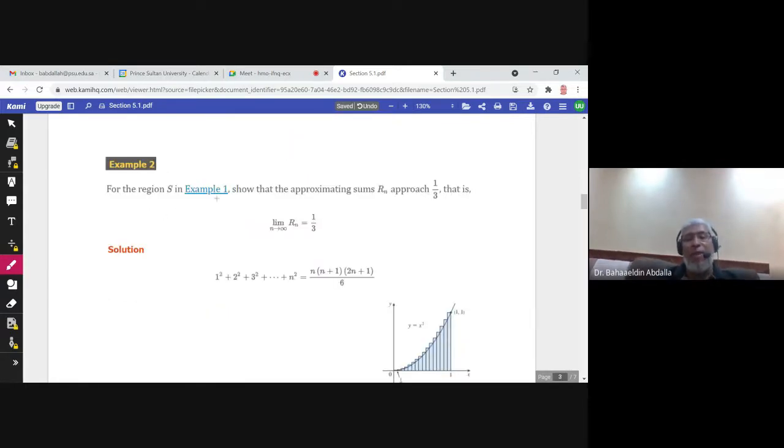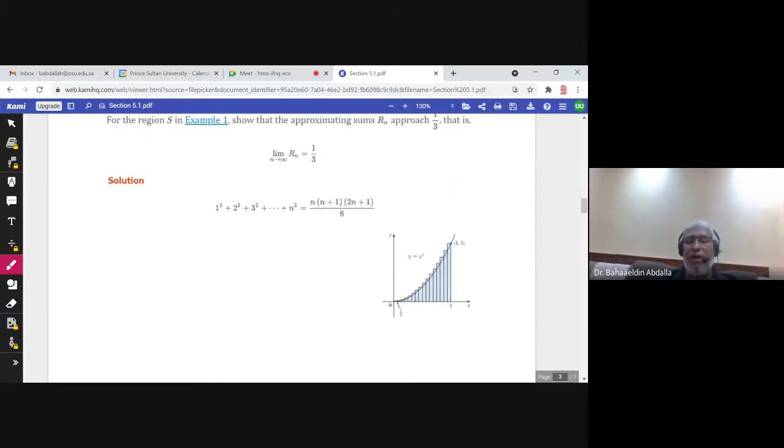Now another example. For the same region, show that the approximating sums Rn using the right endpoint approaches 1 over 3. That's limit Rn when n goes to infinity is 1 over 3. So what is Rn? Rn means we will divide this region into n strips, and then we use rectangles with right endpoints.